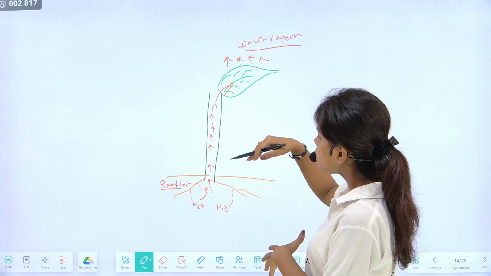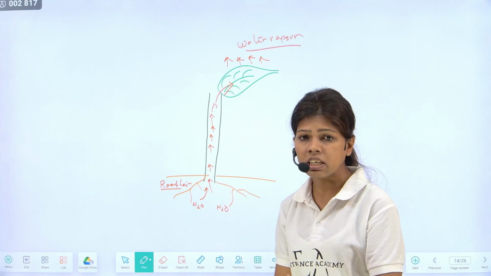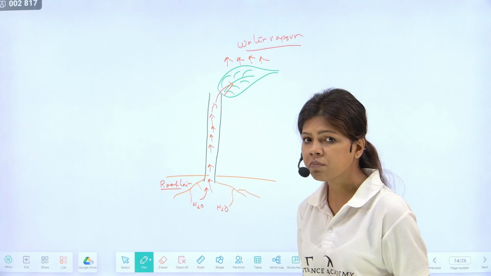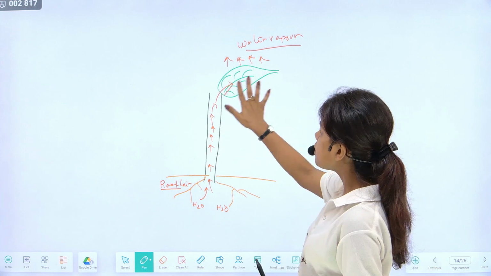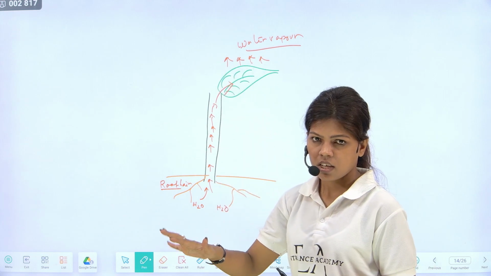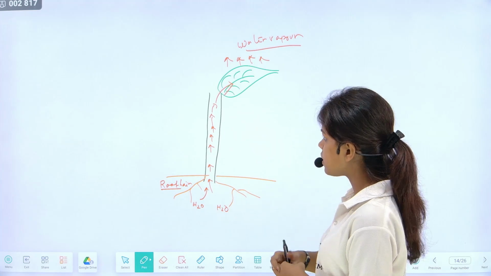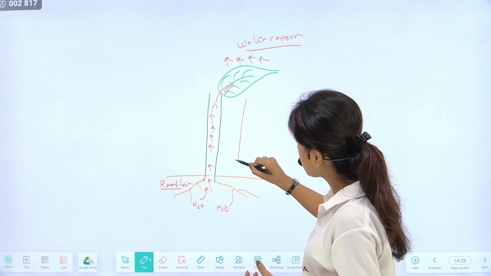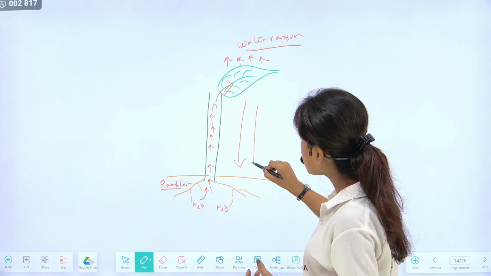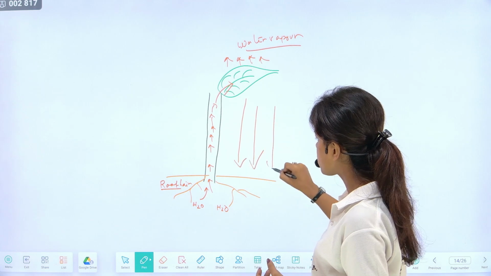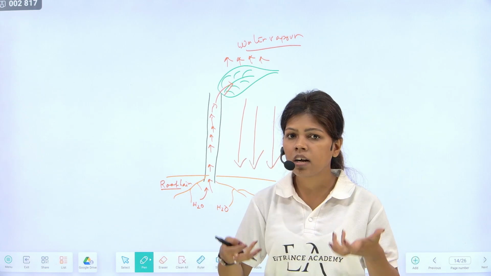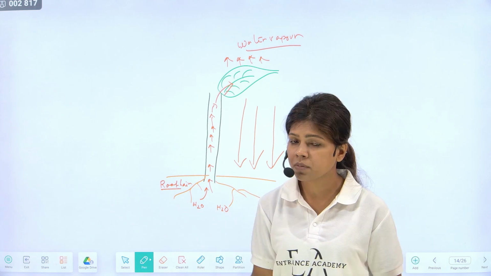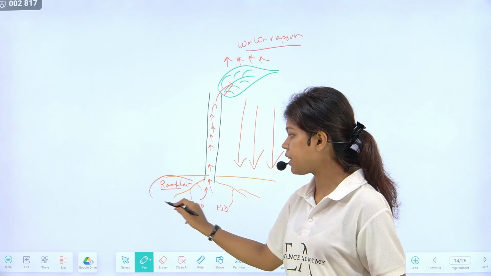So if the water vapor is released, that is transpiration takes place, this leaf surface will become empty, and for this reason the transpiration will exert a pull or force so that more water can be absorbed by the root hairs.